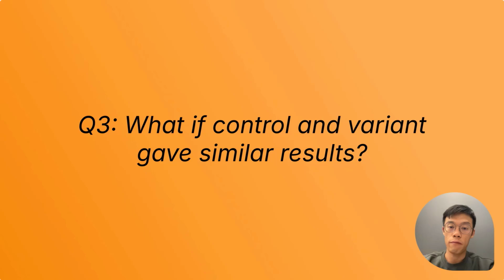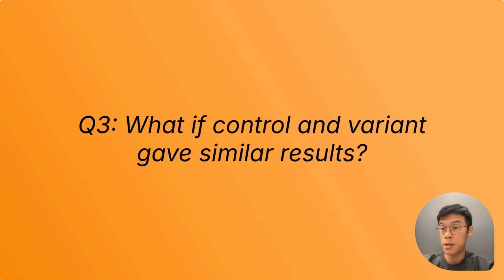So what if control and variant gave similar results? That actually happened. For one of the landing pages we tested, it turns out that the control and variant were very similar. In that case, we can conclude that either you can test different things.